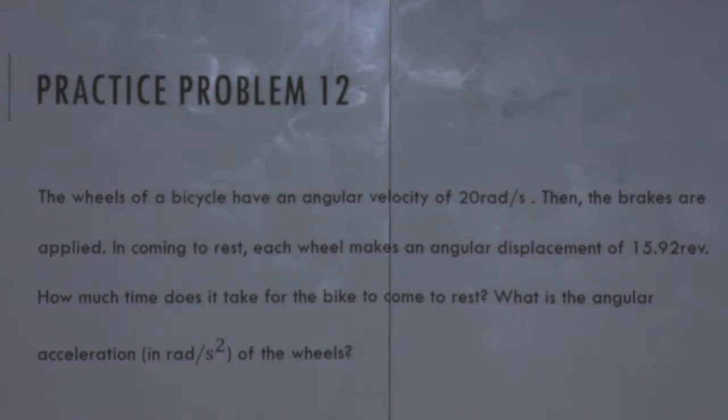Here's more problems. The wheels of a bicycle have an angular velocity of 20 radians per second. Then the brakes are applied. In coming to rest, each wheel makes an angular displacement of 15.92 revolutions. How much time does it take for the bike to come to rest? What is the angular acceleration in radians per second squared of the wheels? So, we know that initially our wheels are traveling at 20 radians per second.